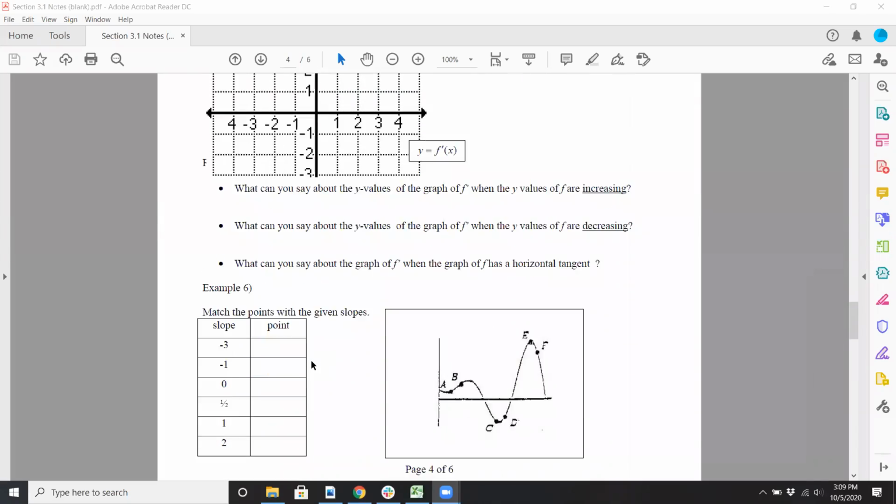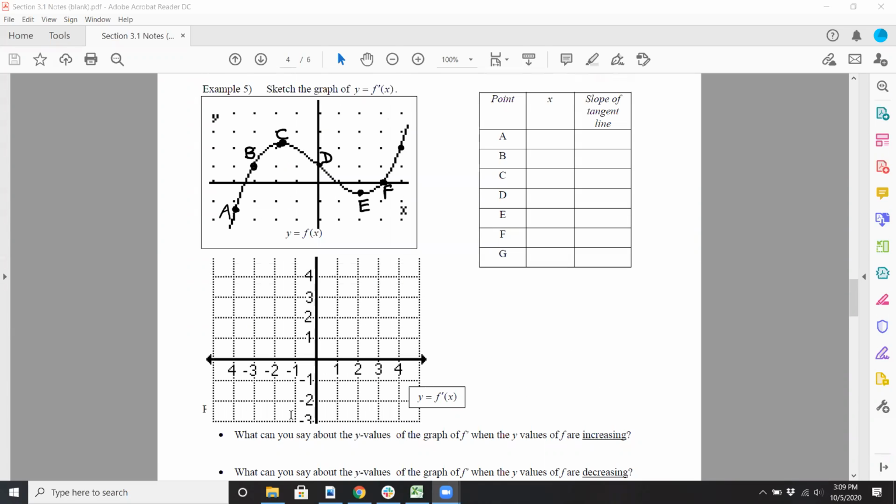So what can you see about the y values of the graph of f prime when the y values of f are increasing? So when the y values of f are increasing, as we saw here, again, what can we say about the graph of f prime? Basically, this portion right here, y is increasing.